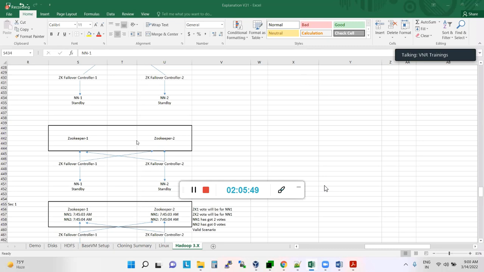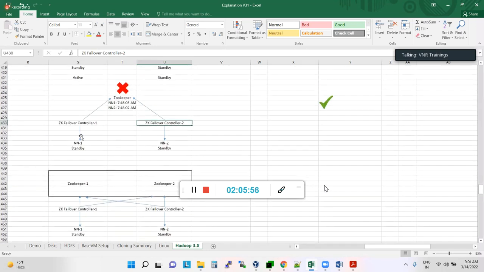His question is how we can decide how many ZKFCs are required. Zookeeper failover controllers are not odd or even numbers. Each NameNode will have one Zookeeper failover controller. If you have two NameNodes, two Zookeeper failover controllers. If you have only one NameNode, one. If you have 10 NameNodes, you will have 10 Zookeeper failover controllers. But I didn't explain a 10 NameNode concept; I am explaining the 2 NameNode concept. Understand?